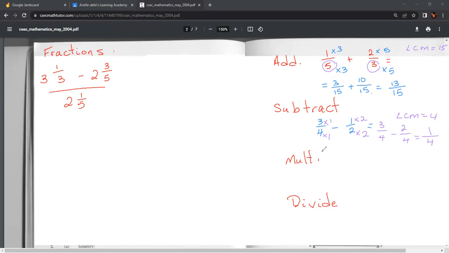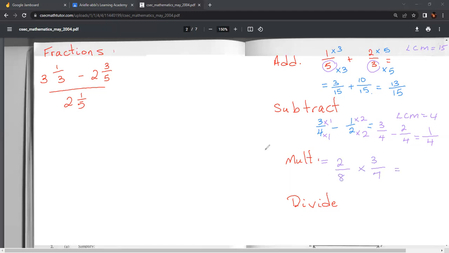Now, for multiplying, when we multiply, it's different to addition and subtraction. So let's say they gave you 2 over 8 times 3 over 7.